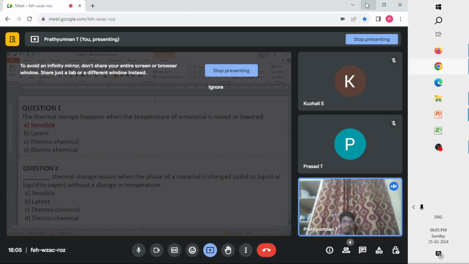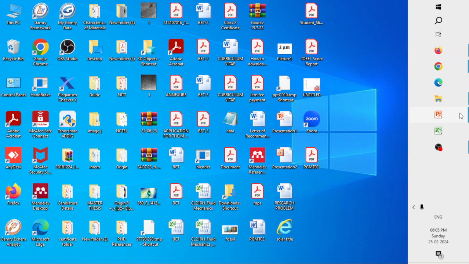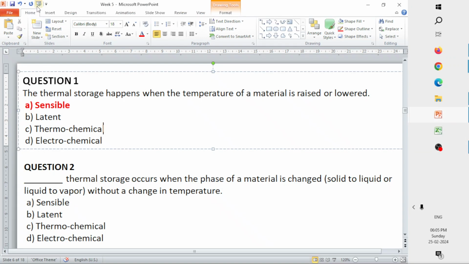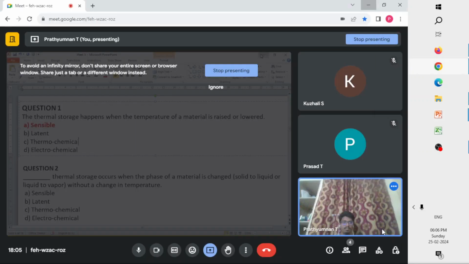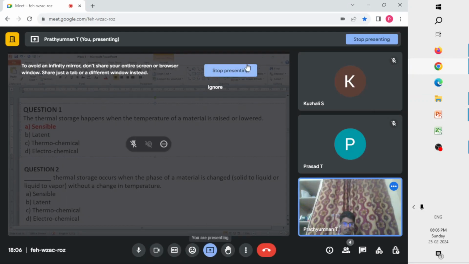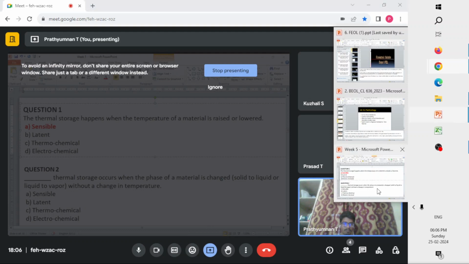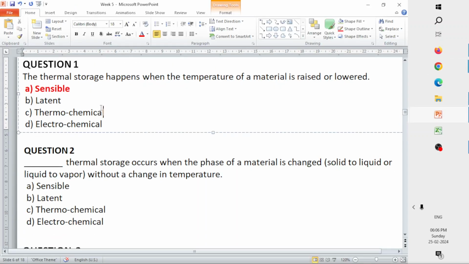Let me just minimize my screen. Oh, sorry. I hope my screen is also visible. Any idea? Because I have previously told this in question number 1 itself. What could be the answer?